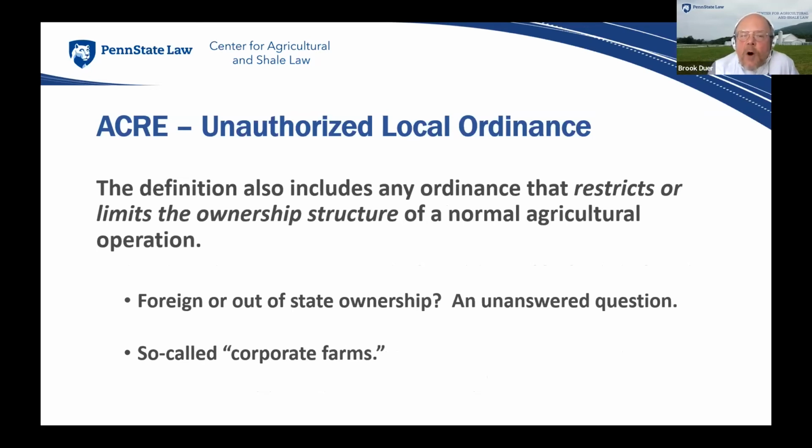The definition now also includes this oddball little thing about unauthorized local ordinances being things which restrict or limit the ownership structure of a normal ag operation. Presumably, this was intended to mean corporate farms, or that terminology that some people use.